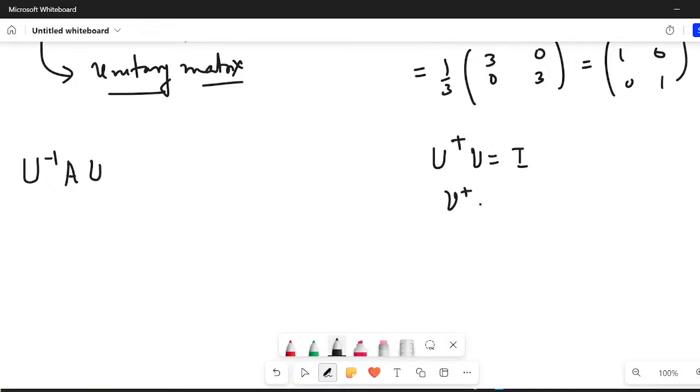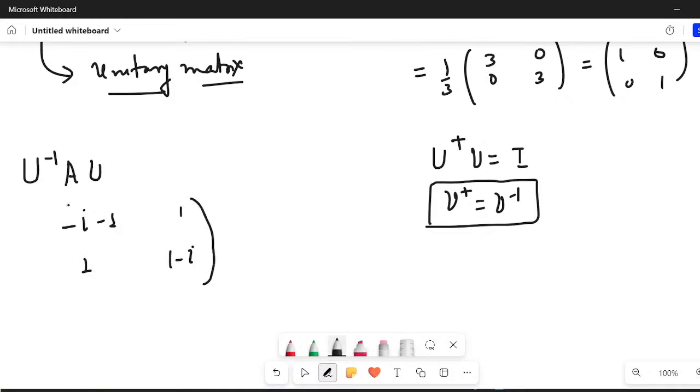So whatever you found as U dagger is nothing but U inverse only. So U dagger, what we found as minus iota minus 1, and I think I had 1 here, and then 1 minus iota here. So whether you write U dagger or U inverse, this is one and the same thing. Here you had root over 3. What would be A then?